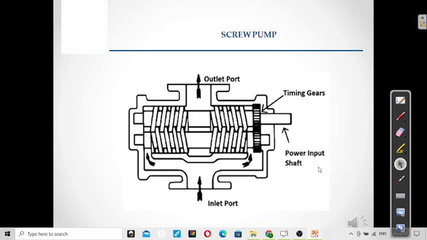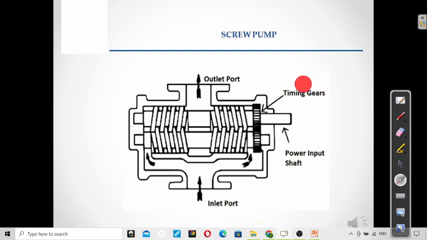Another pump is the screw pump. Inside this screw pump, it will have a screw like this. See the timing gear here and the power input shaft. This screw pump will have pressurized oil because of this timing gear.